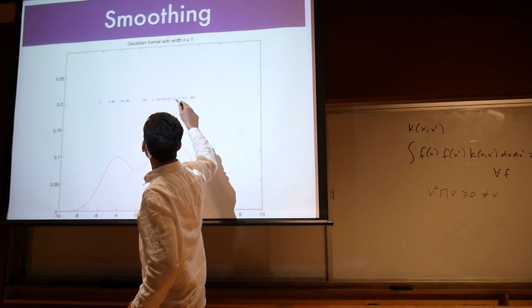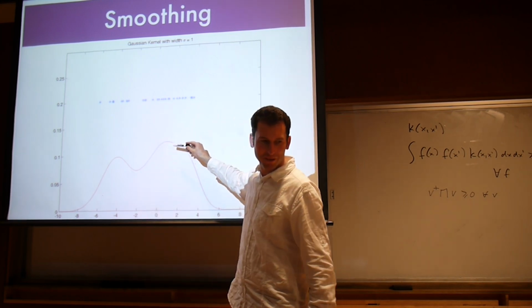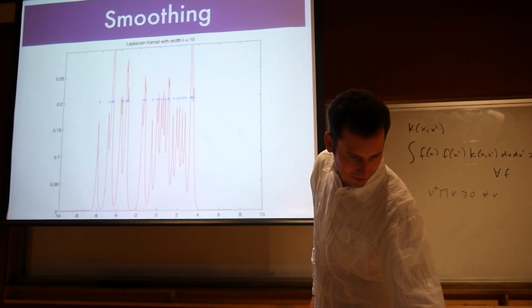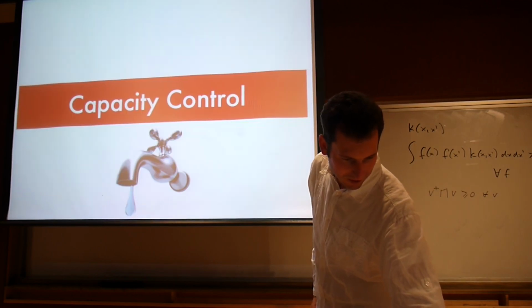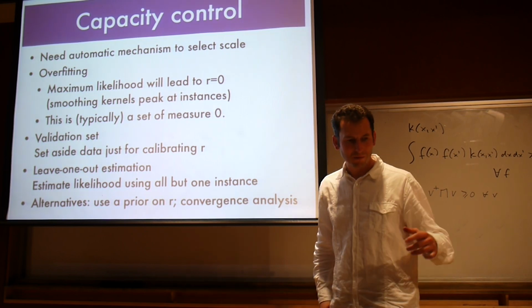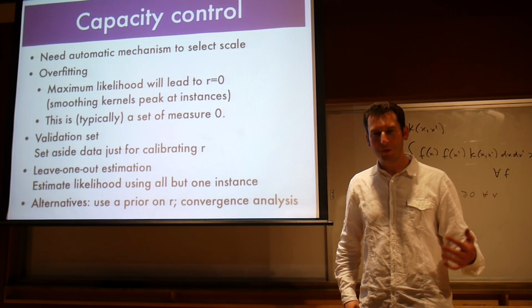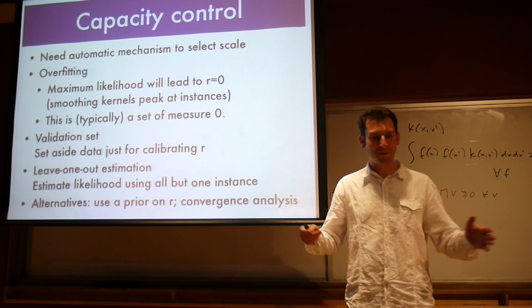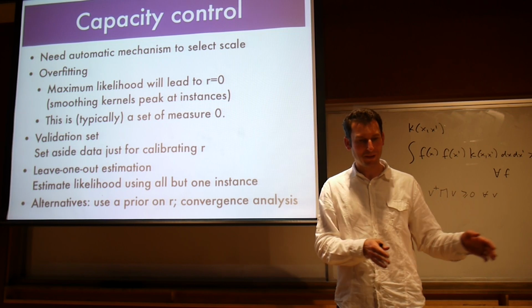So to give you a bit more of an idea, here's some data that we've drawn and smoothed with different kernel widths. We need to do capacity control, so we need to make sure we don't overfit, and one idea is to have a validation set. We just pick some data and set it aside for calibrating the scale.